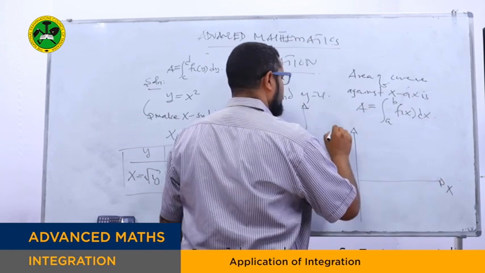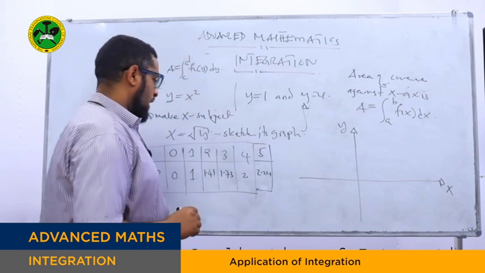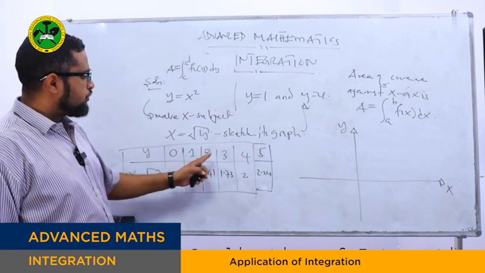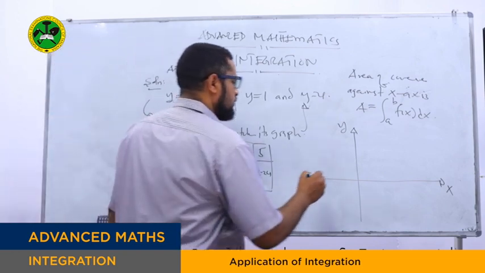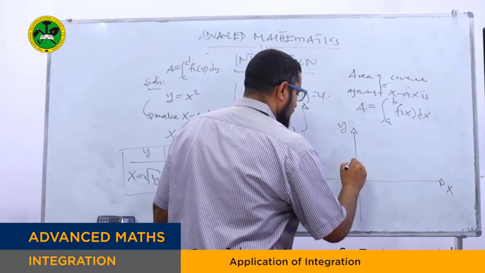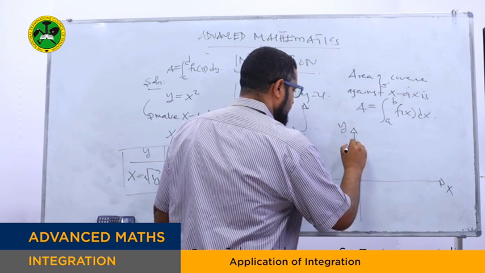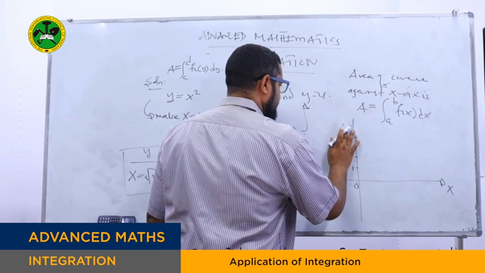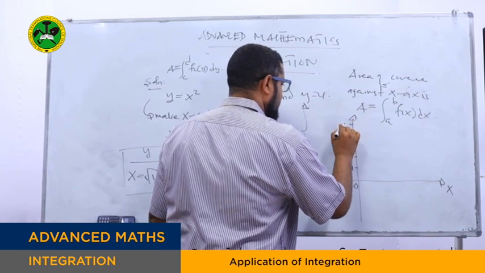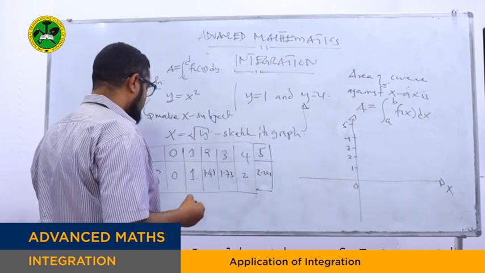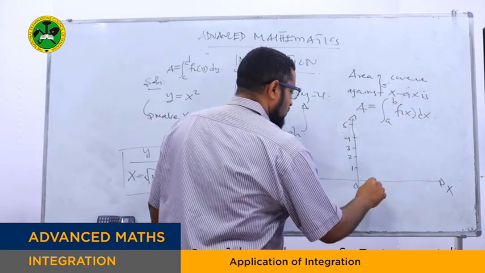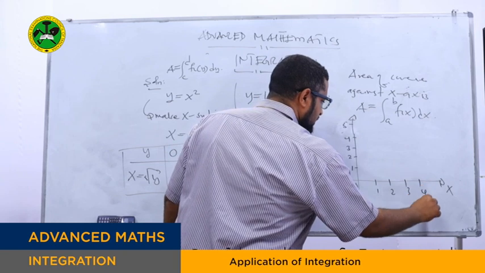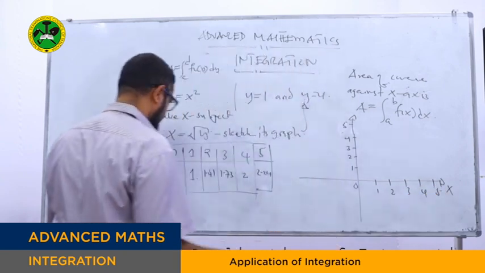That is x and that is y. Our y is 0, 1, 2, 3, 4, 5, and our x here, we have 0, 1, 2, 3, 4, 5.